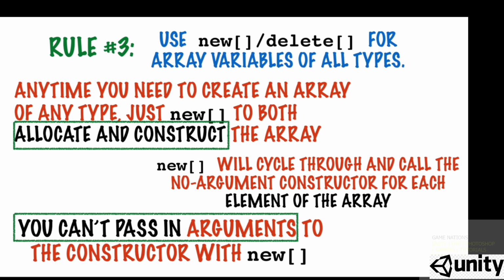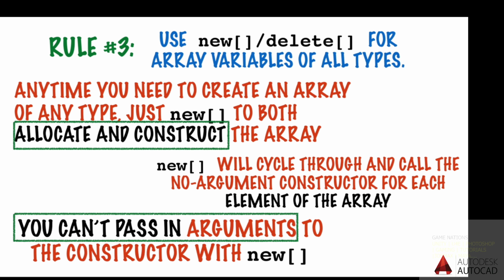One thing to note is you can't pass in arguments to the constructor when you use new with square brackets. That's kind of a limitation of new with square brackets, in that if your array is made up of elements which have constructors which need arguments for initialization, then you cannot use new with square brackets.